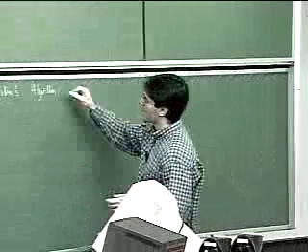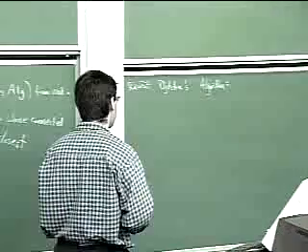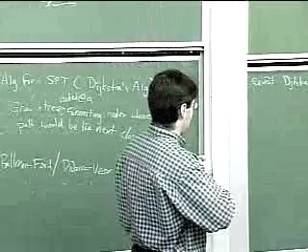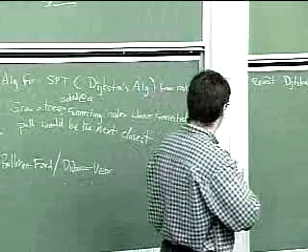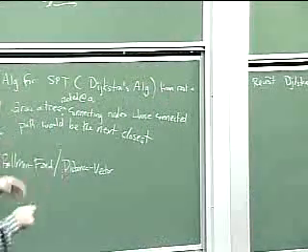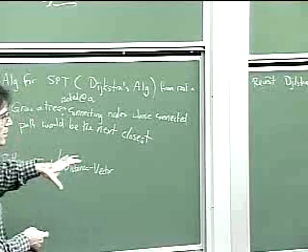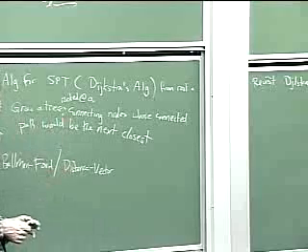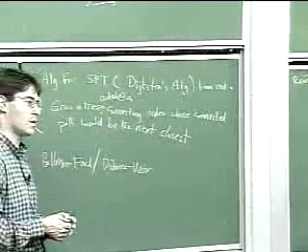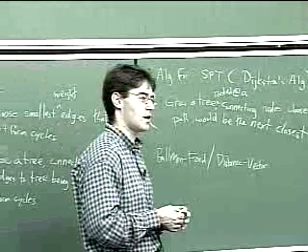Well, anyway, getting back to Dijkstra's algorithm. Remember, Dijkstra's algorithm was you're growing a tree by connecting the closest node that hasn't already been connected. Do people remember the algorithm from last time at the end of class?